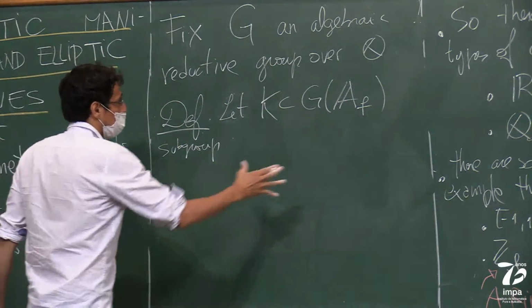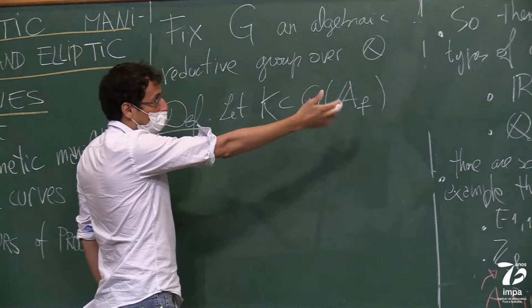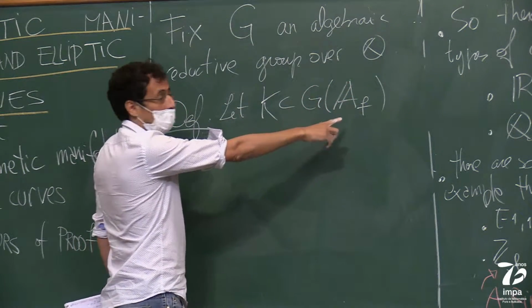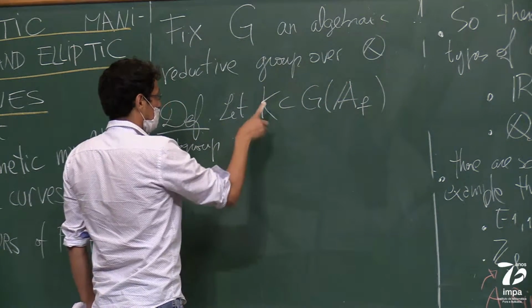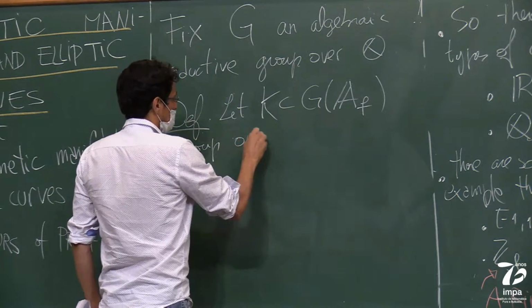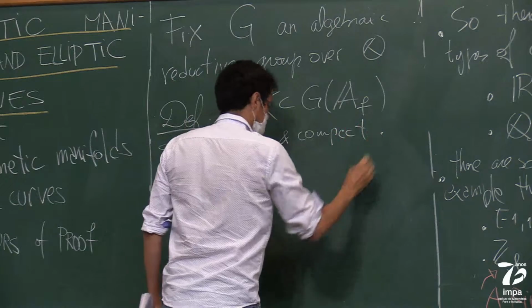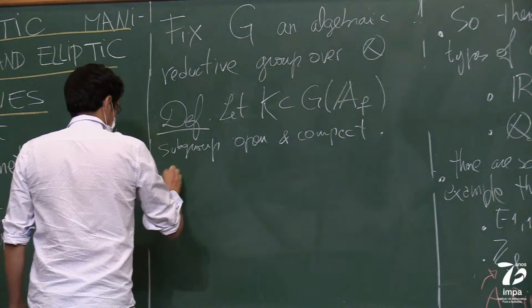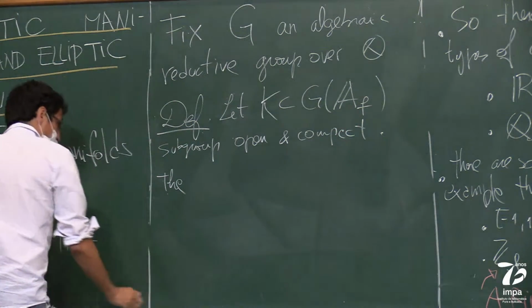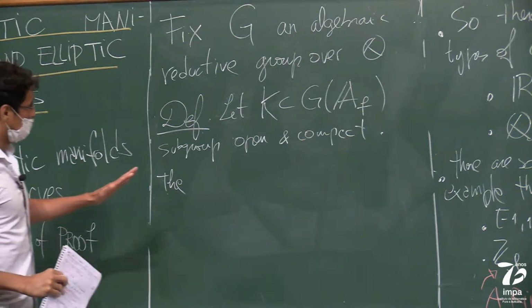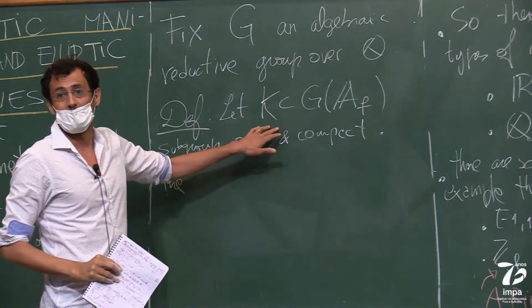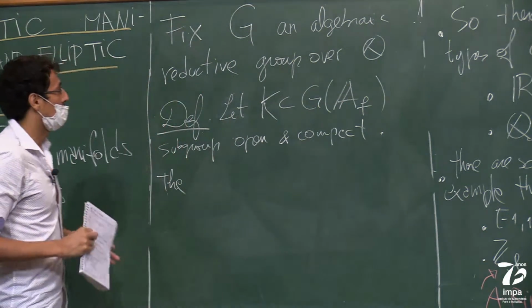And you have a natural topology here induced by the topology of the adeles. And you take K to be a subgroup that is open and compact. Okay? You need to think about this K as the level of your arithmetic manifold.